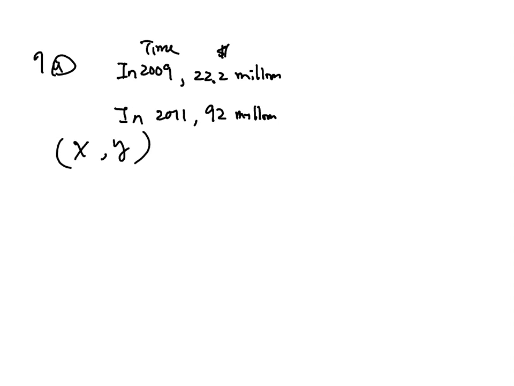Okay, now there's one thing you want to think about. The X and Y, there's a couple of different names for them. The X is called the independent variable, and the Y is dependent.